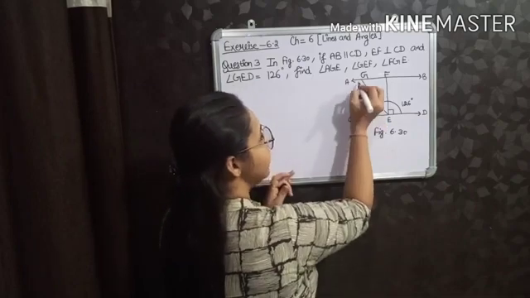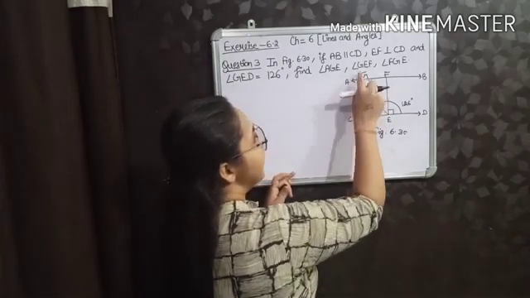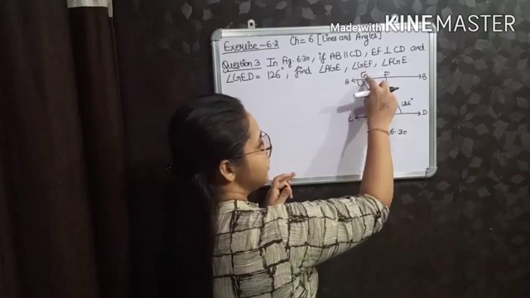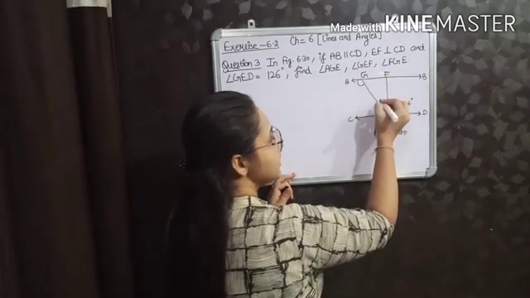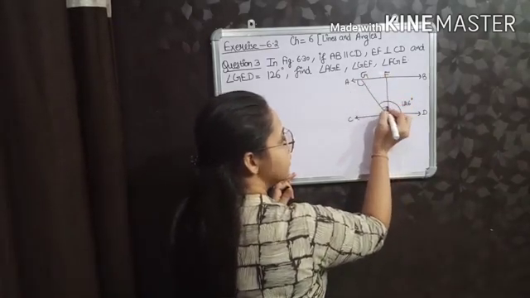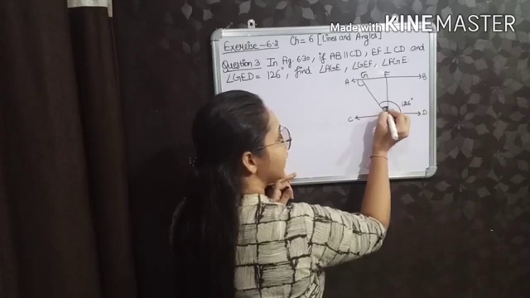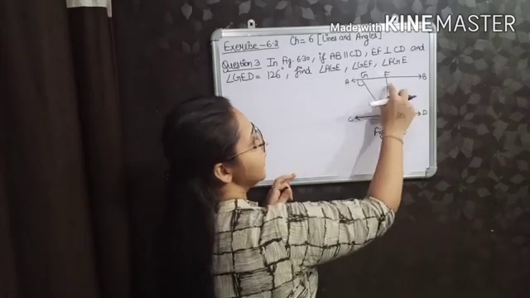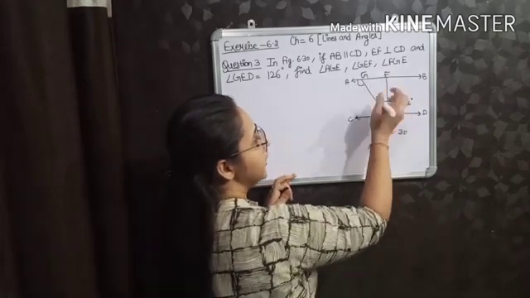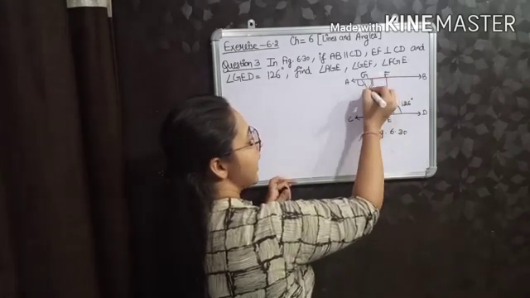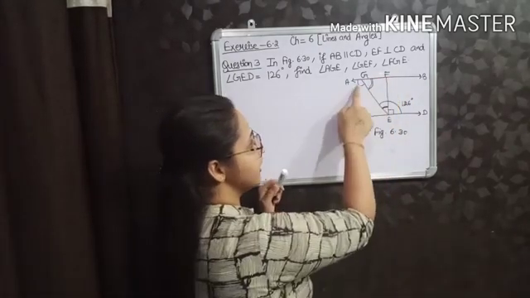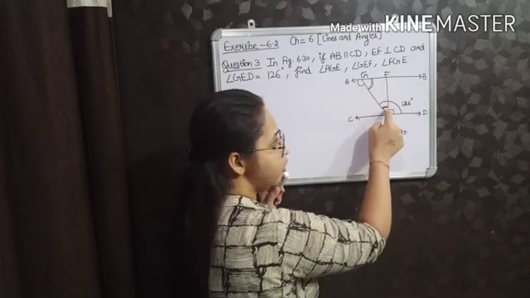This angle. This we have to find. Angle GEF. It means only this part. And FGE. This part. So we have to find three angles. First this, then this and this small angle.